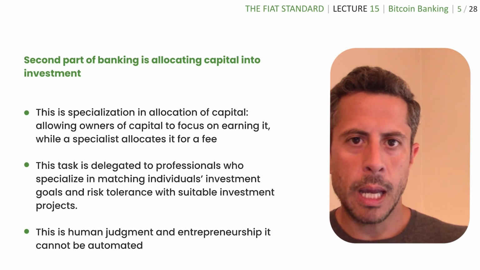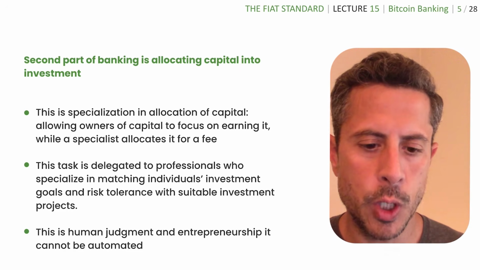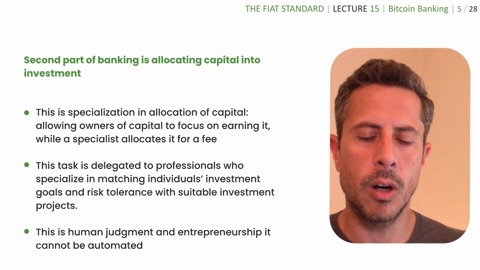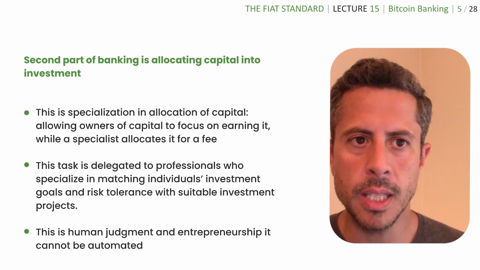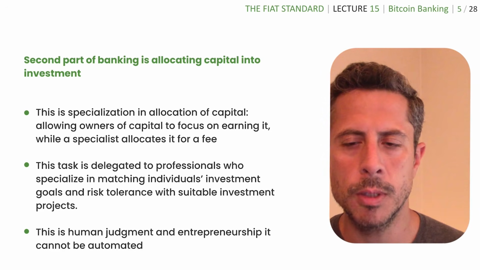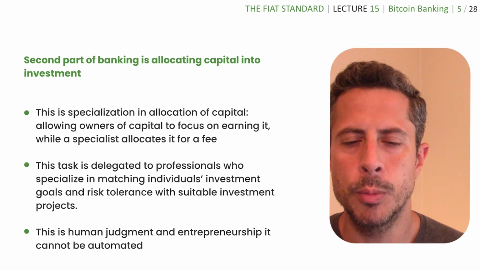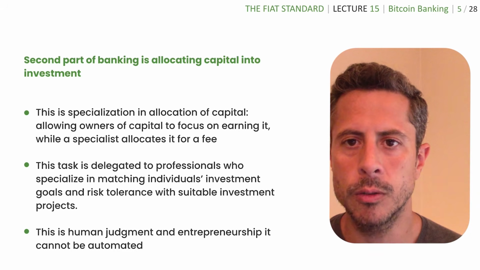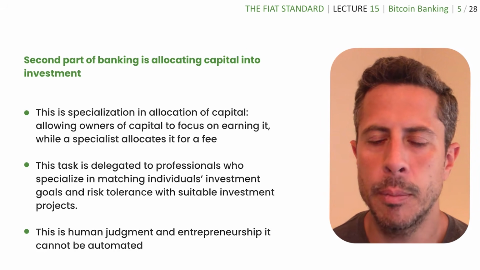The allocation of capital, I should add, is also something of human judgment. It's entrepreneurship. It's not something that can be automated. It's not something that Bitcoin can perform. We can't just add a smart contract into Bitcoin so that your Bitcoin will just be invested and make a return for you. Somebody needs to look at the business and allocate the capital to that business.